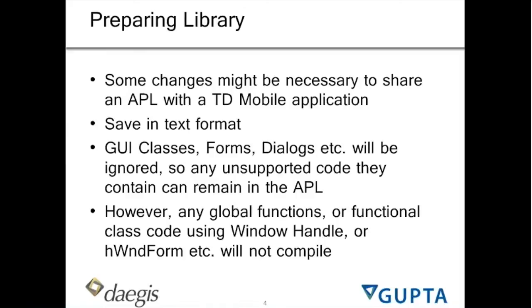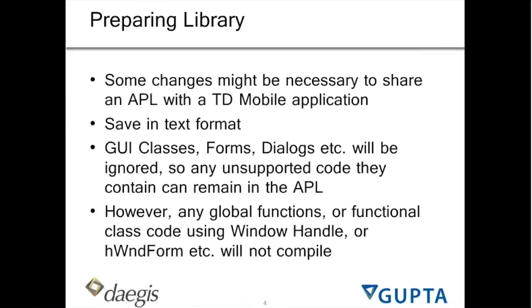Now, some changes might need to be made to that APL for it to be shared in a TD Mobile application. The first thing is you have to save that APL in text format. Our TD Mobile IDE can't read the binary format of an APL, so it needs to be saved in text format.